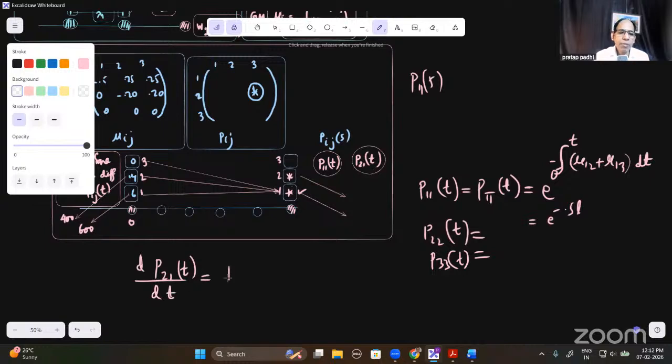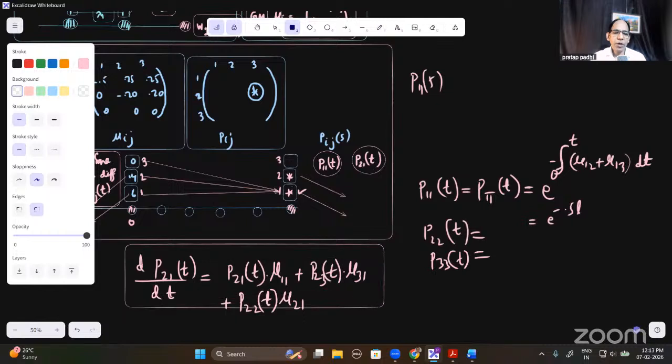So you can write P21T, mu 2 to 1, 1 to 1, plus P23T, mu 3 to 1, plus P22T, mu 21. So these are the possibilities. This is from the differential equation.